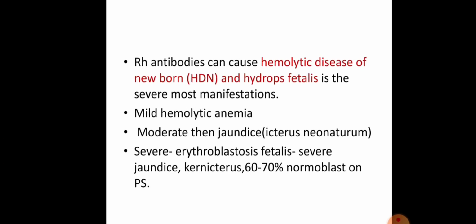RH antibodies can cause HDN, that is hemolytic disease of the newborn, and hydrops fetalis, which is the most severe presentation. Normally there is only mild hemolytic anemia or jaundice. If moderate, then jaundice. In severe cases there is erythroblastosis fetalis, severe jaundice, kernicterus, and the presence of 30 to 70% normoblasts in the peripheral blood smear.